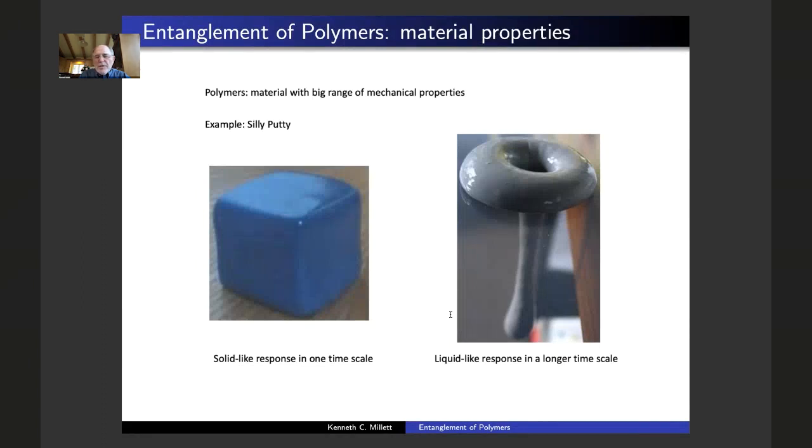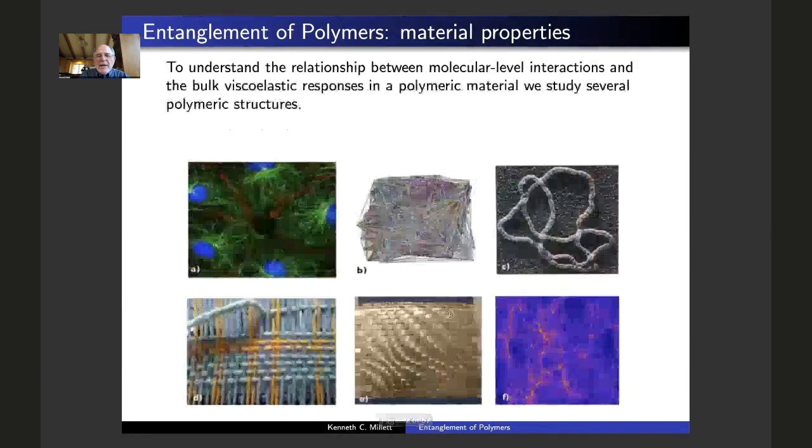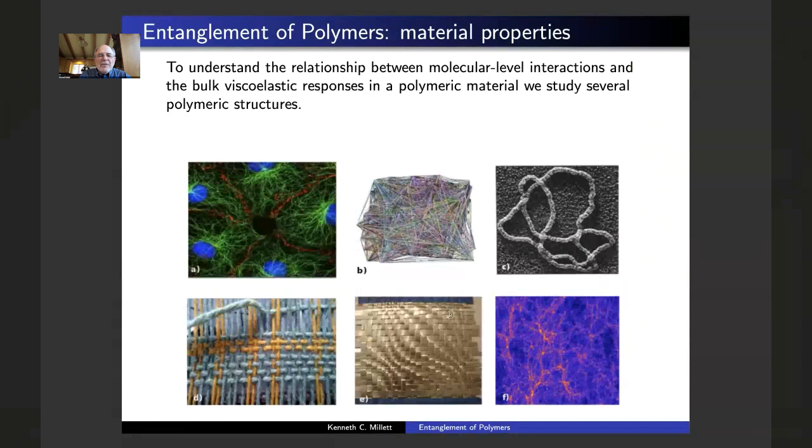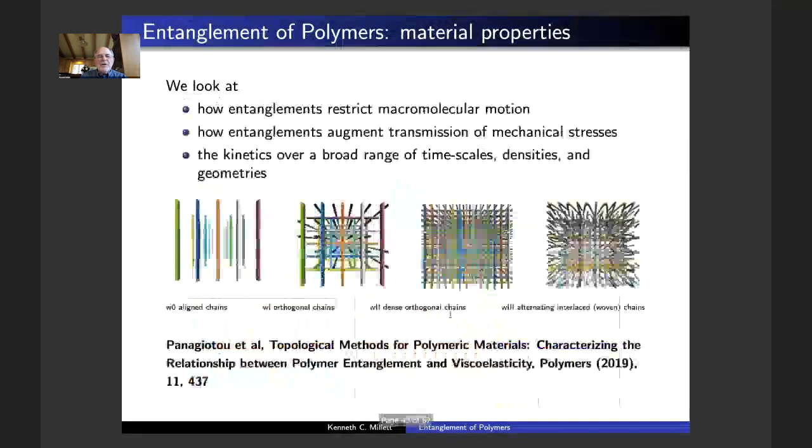This is work with Eleni and Paul Atzberger and myself, where we have a variety of structures. I've given you some pictures that I got from Eleni of different ways in which linear strings or strands can be woven together. And here are the ones we're going to look at.